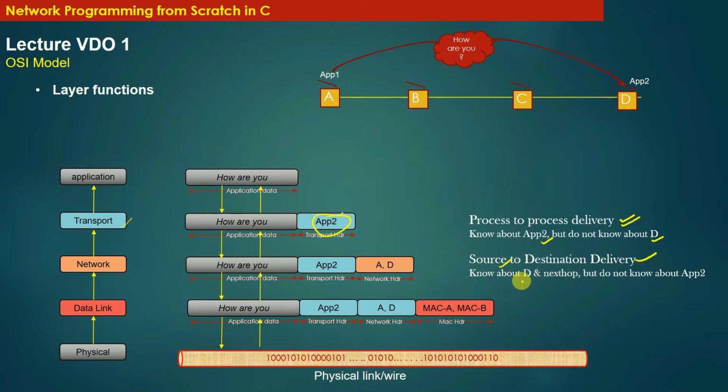The network layer knows nothing about app 2, but it knows what the destination machine is and what the next hop is to reach D. This information comes from the network layer, but the network layer is not aware which process on destination machine D is to communicate, that is app 2.